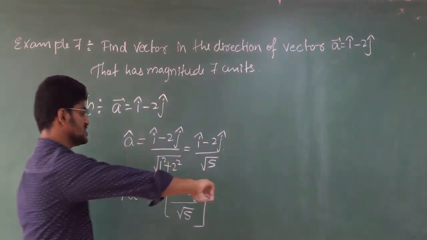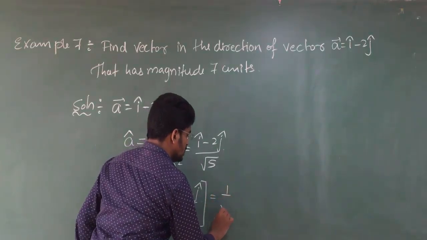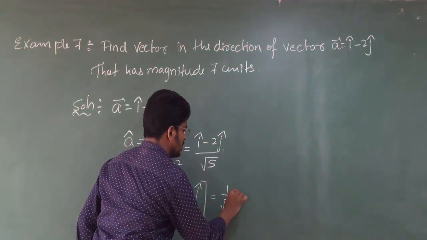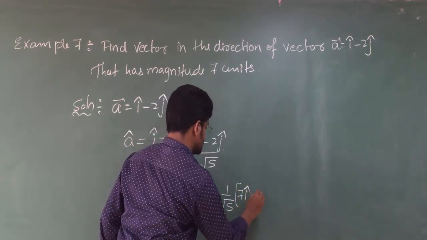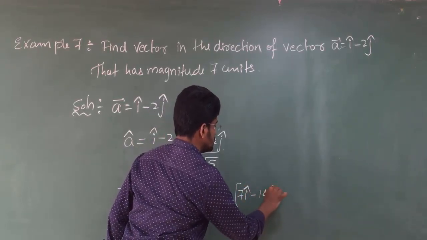Clear? So that is nothing but 1 by root 5 into (7 i cap minus 14 j cap).